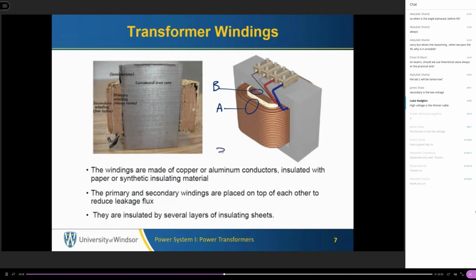If you don't get it, for any transformer, whether the primary or secondary, it doesn't matter, we have a side that has a higher voltage and a side that has a lower voltage.